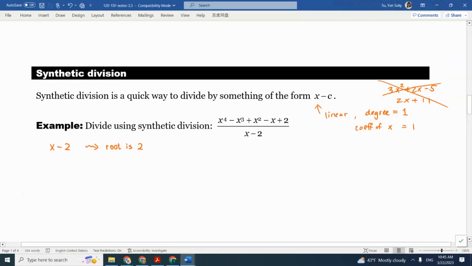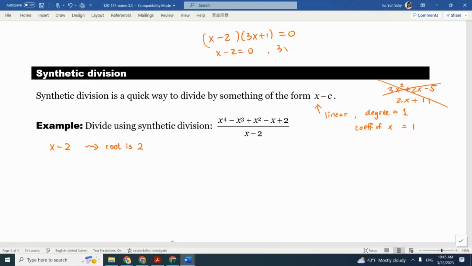Do you remember usually when we have like x minus 2, 3x plus 1 equal to 0, you set x minus 2 equal to 0, and you set 3x plus 1 equal to 0, and then you find the root. The root is 2, and this one, what's the root? Negative 1/3, right? So if you have x minus 2, that means the root is 2, not negative 2. Is that clear, everybody?